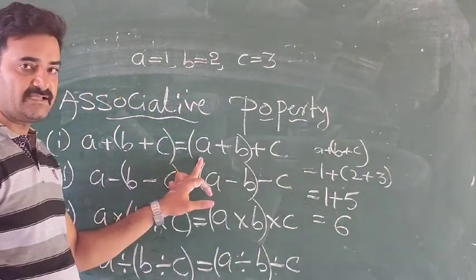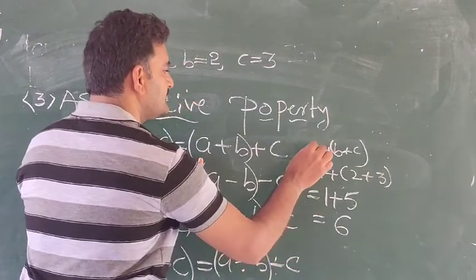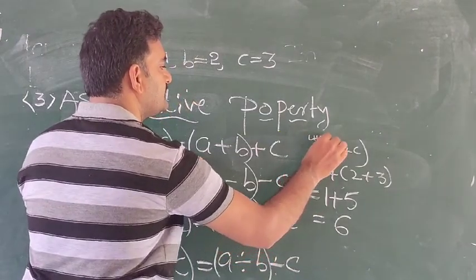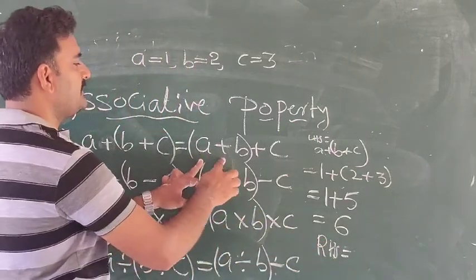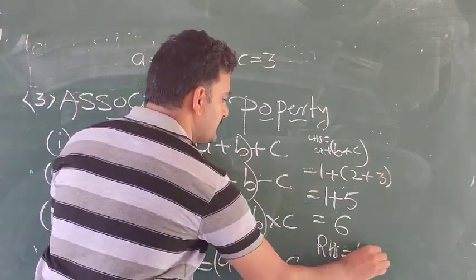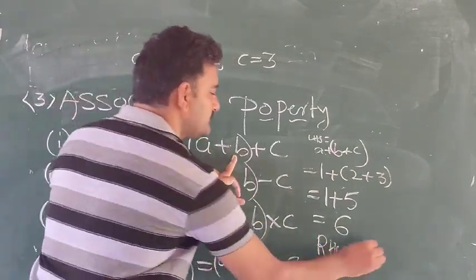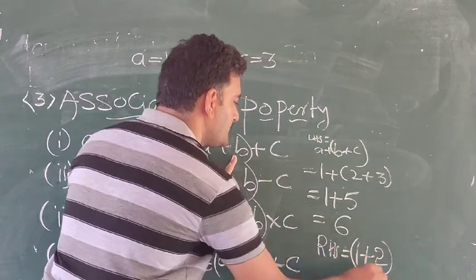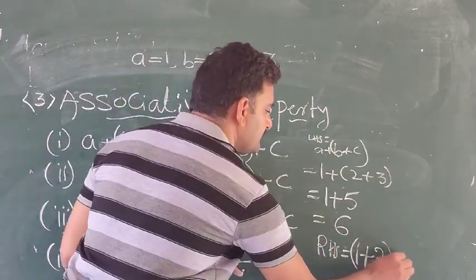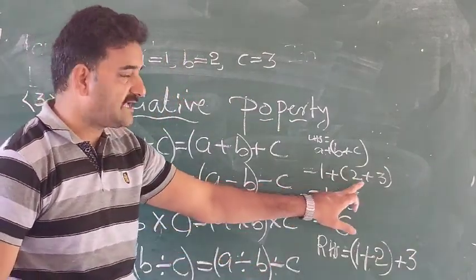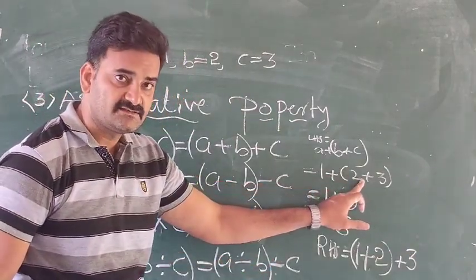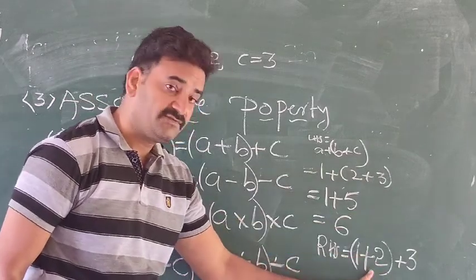Now this one I will take, that is LHS. Now RHS I will take. A plus B, A means 1, B means 2, C means 3. The only difference is first I am adding this bunch, here I am adding the first bunch.